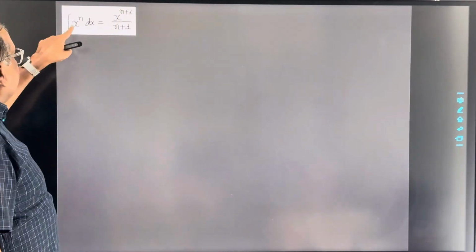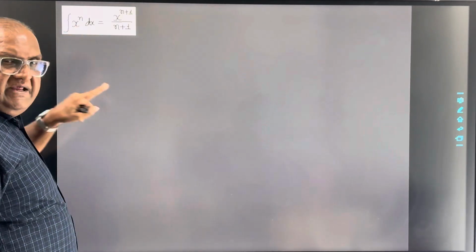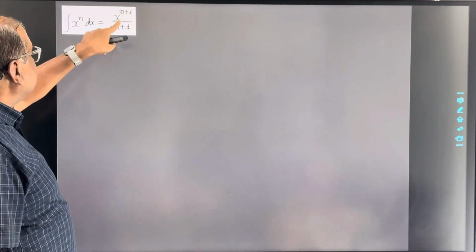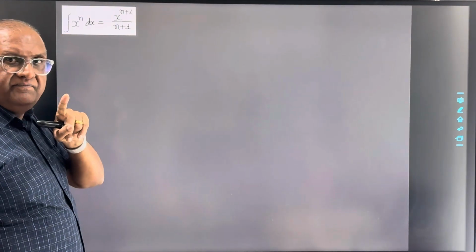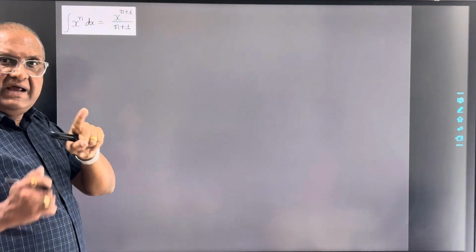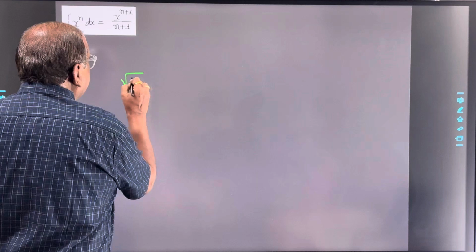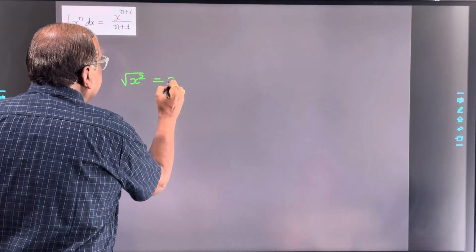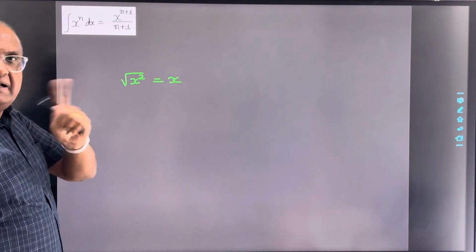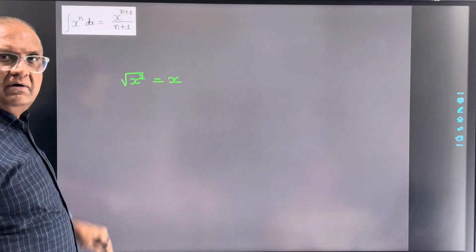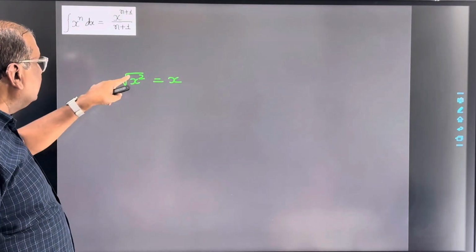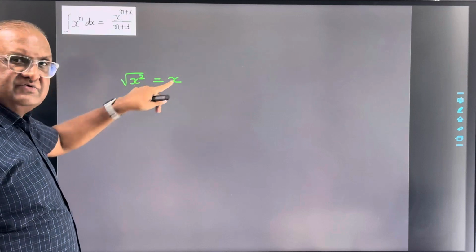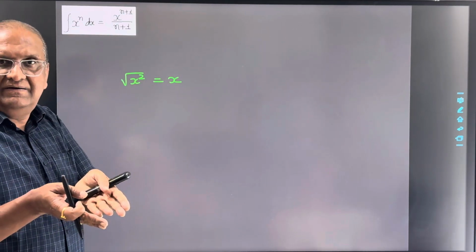See here, integrate x raised to n with respect to dx. So once integration is carried out, there is no need to represent this symbol. Be careful. When you write square root of x square, your answer is x, then never use the root again, because this root represents taking the square root of x square, and x is the final answer.